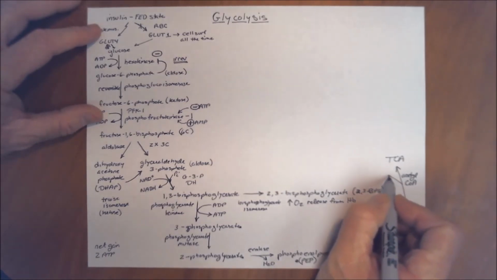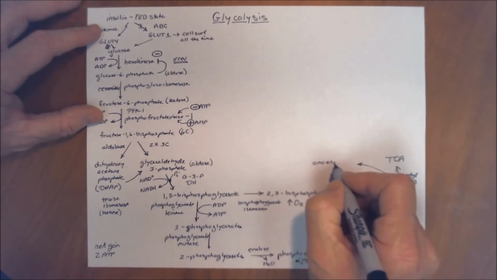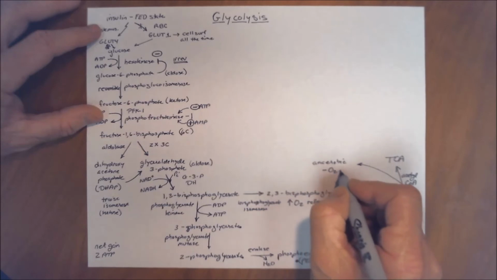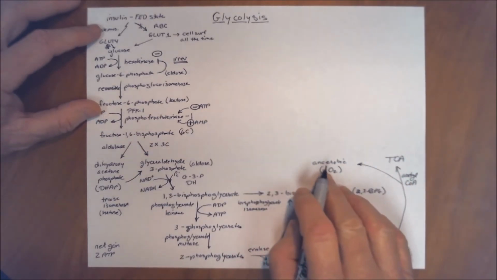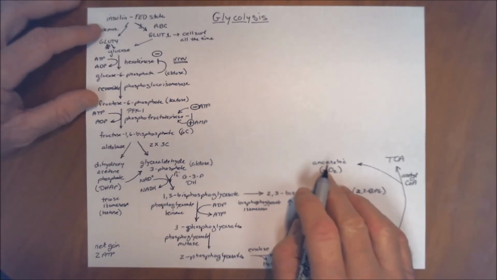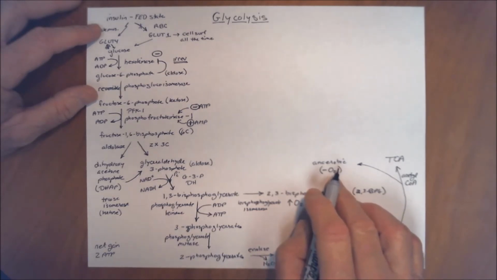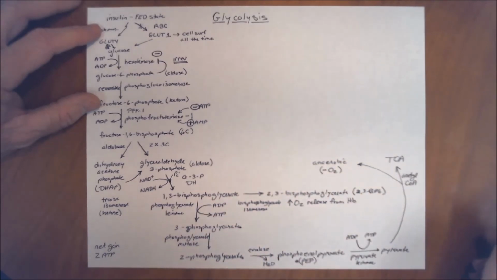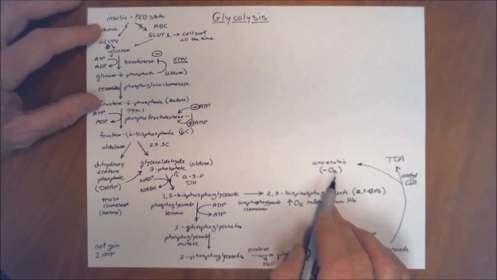Or, if we happen to be in an anaerobic state of respiration, which is lack of oxygen, we would be in this state in skeletal muscle if we've surpassed our oxygen delivery mechanism to our muscles and our muscles go anaerobic because of this lack of oxygen, or all the time in red blood cells, because red blood cells do not have mitochondria and so they cannot perform oxidative phosphorylation.